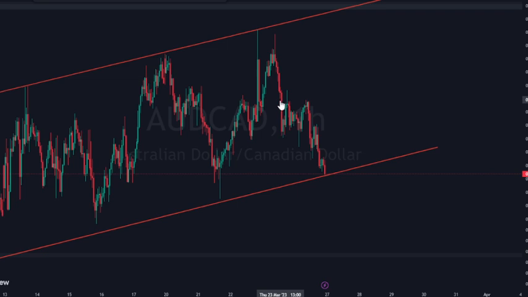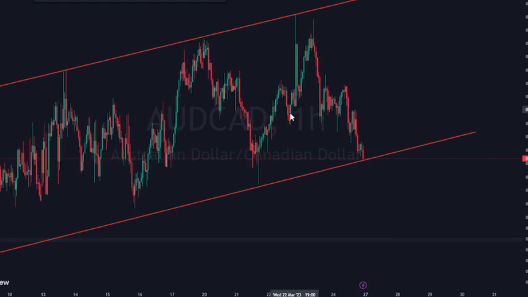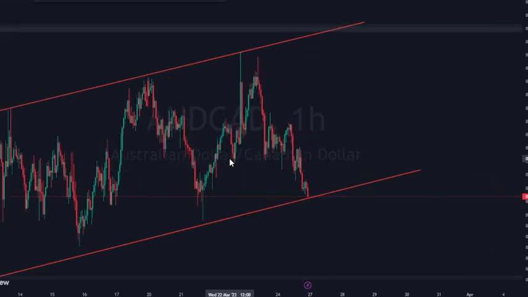Okay, I think this one is pretty straightforward, ladies and gentlemen. This is a continuation pattern and a reversal pattern in one, and the reason I say that is because, first of all, I'm looking for short-term buys until the high.